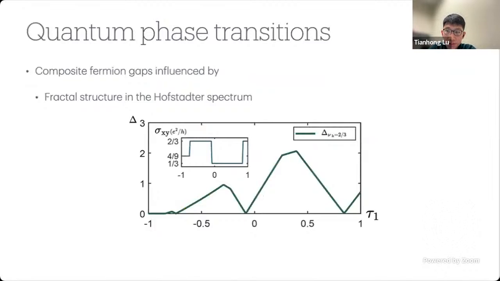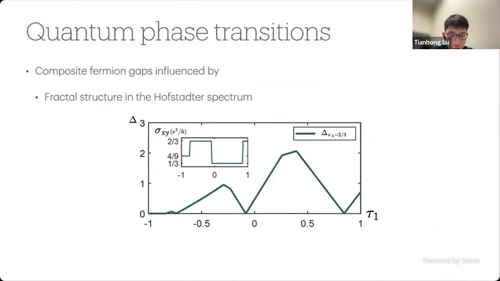A quantum phase transition usually comes with the gap closing and reopening. In the Hofstadter spectrum, there are many fractal structures. They will shrink, expand, and shift when lattice parameters change, giving rise to individual band touching and inducing quantum phase transitions.